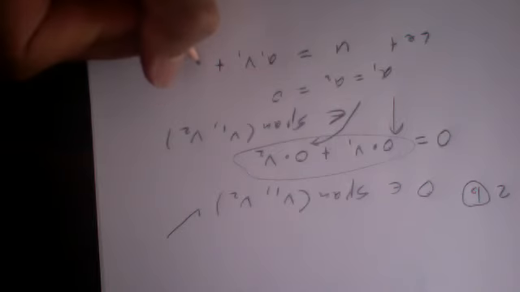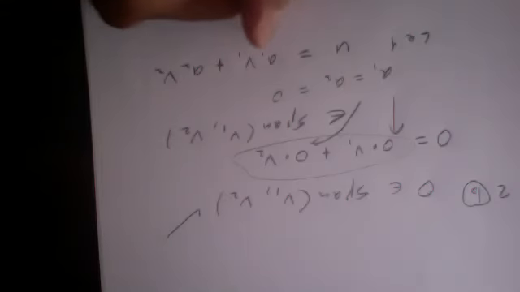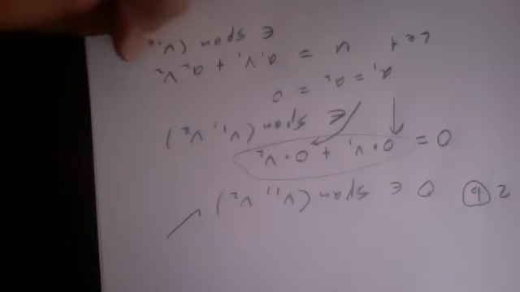Now we want to check for the sum of two vectors. So let U equal A1 V1 plus A2 V2, and let that belong to the span of V1, V2.